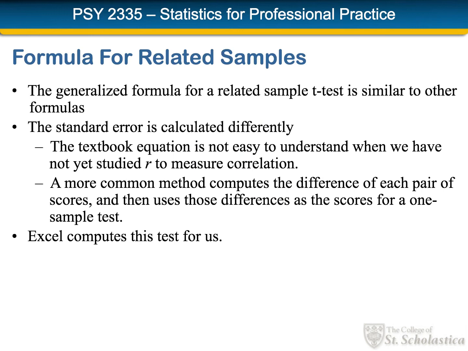When we create that deviation score for each individual with their 2 measurements, we can use all of the features of a one sample t-test to create the estimated standard error in the denominator, and that's what I would suggest doing should you ever have to do this by hand.